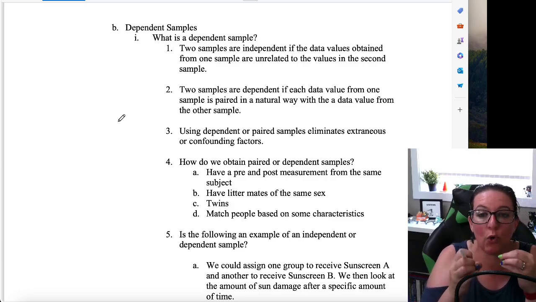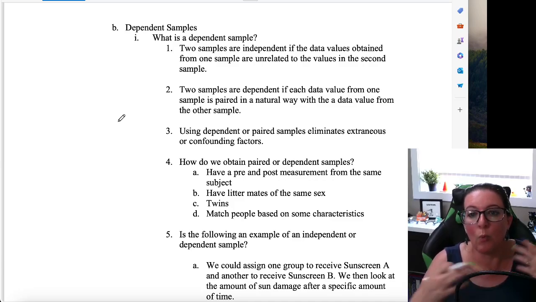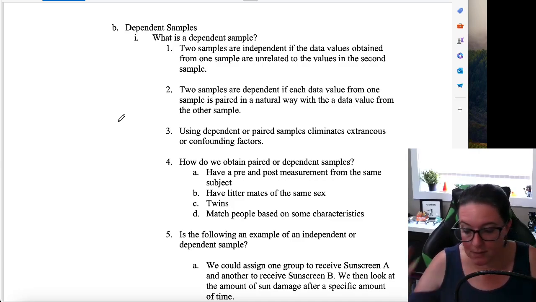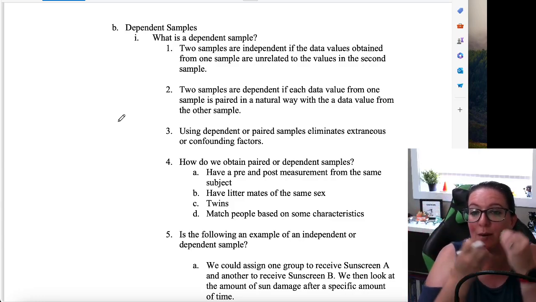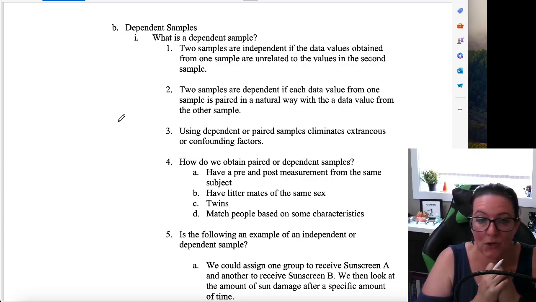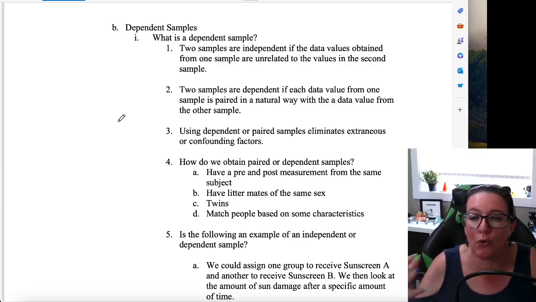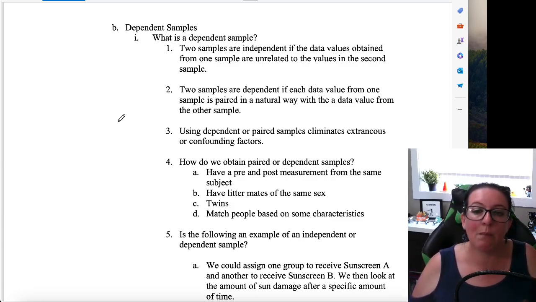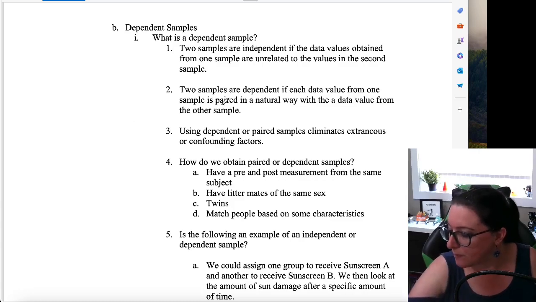So we've controlled for a number of factors related to their genetics. We do experiments in medical testing with twins, right? They grow up in the same environment. They have a lot of the same characteristics. And so then we can see if there's a difference. We've controlled for a number of factors. We can match people based on characteristics to help control for those other variabilities.